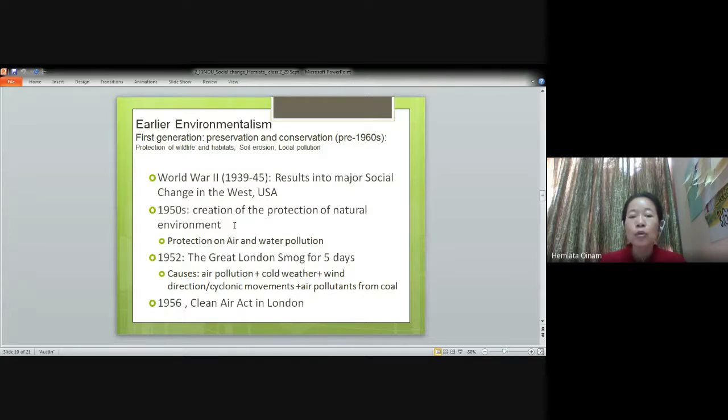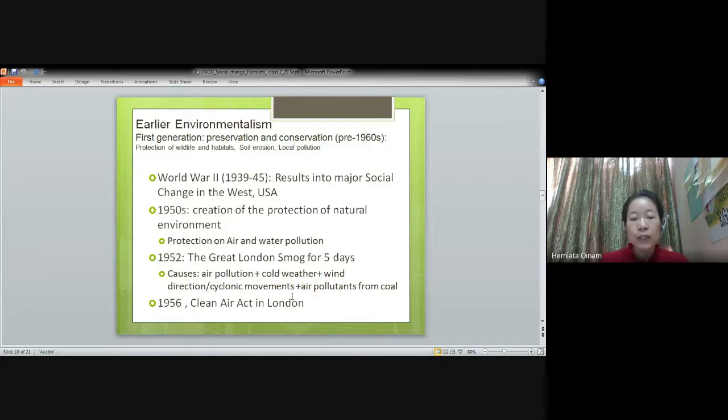Some of the major incidents of air and water pollution occurred immediately after World War II. World communities, particularly the USA, became very much aware of the side effects of this pollution, and they started creating protection of the natural environment. Particularly, the Environmental Protection Agency was created and laws were implemented in the country.